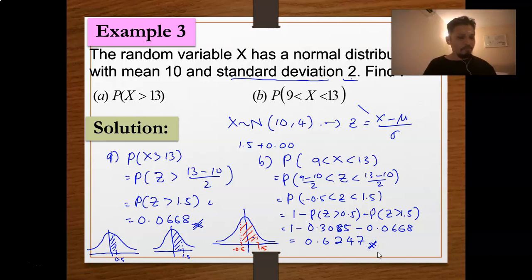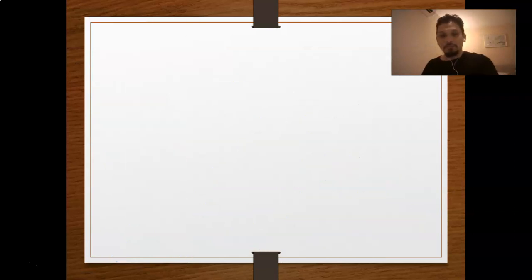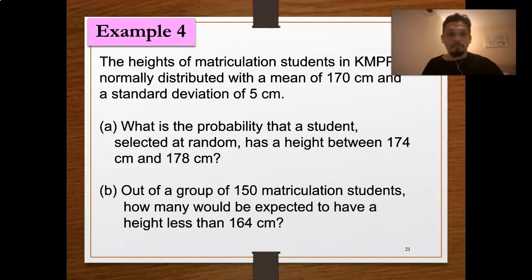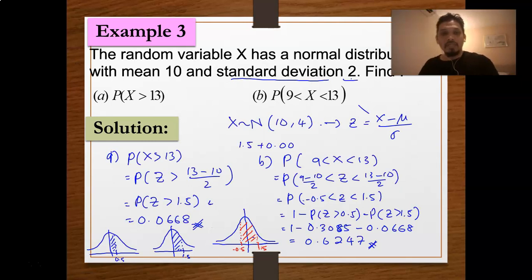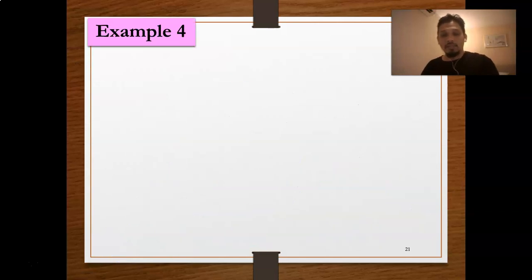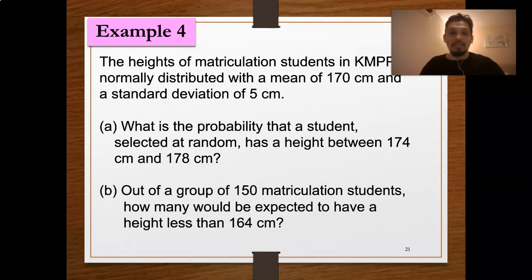Okay, class, for the next example, I will let all of you try. The previous example showed how we find the solution using this statistical book, and here we apply all the examples we did just now to a situation.